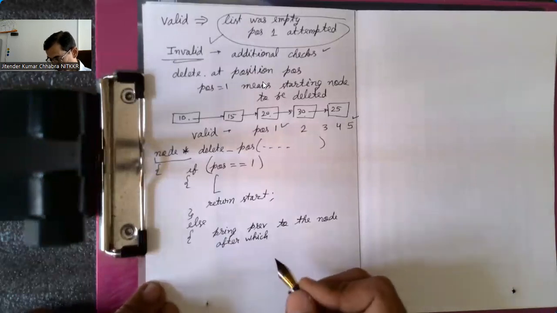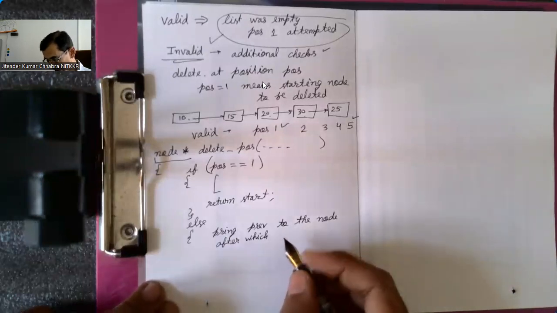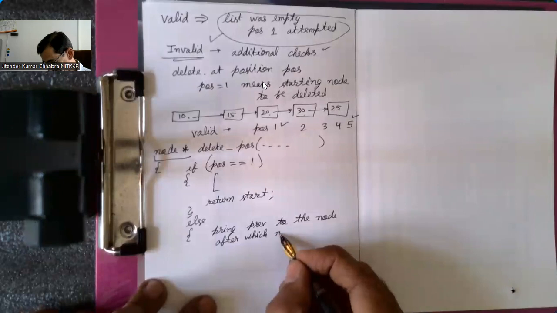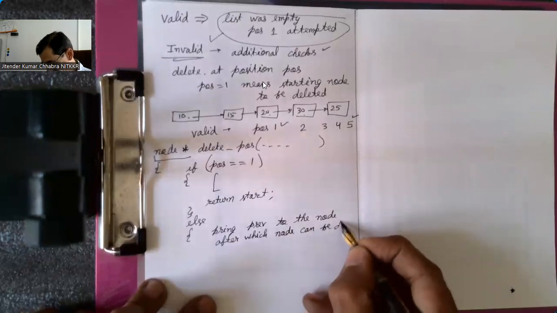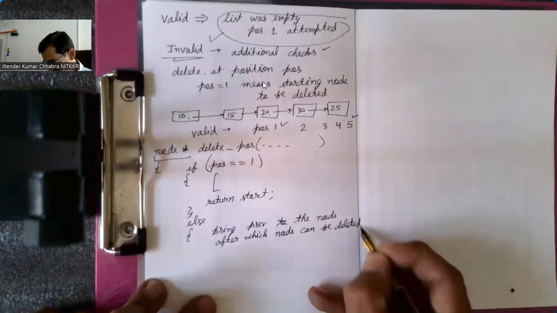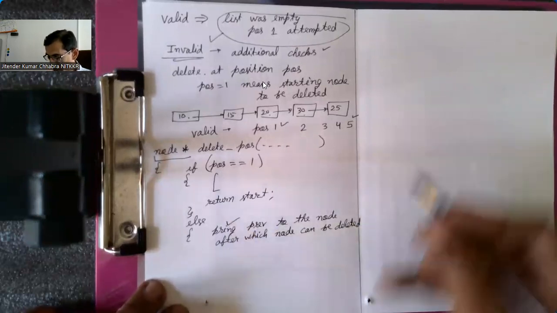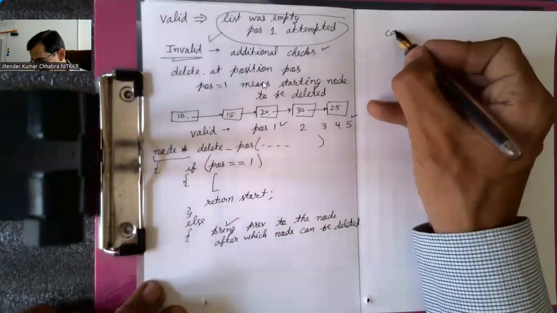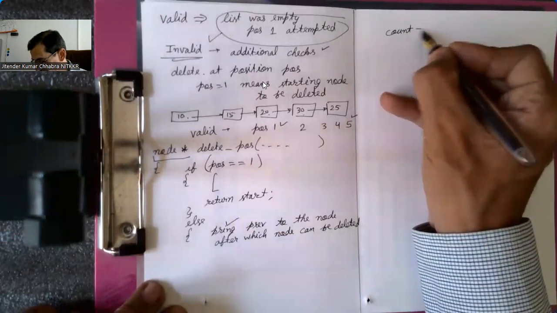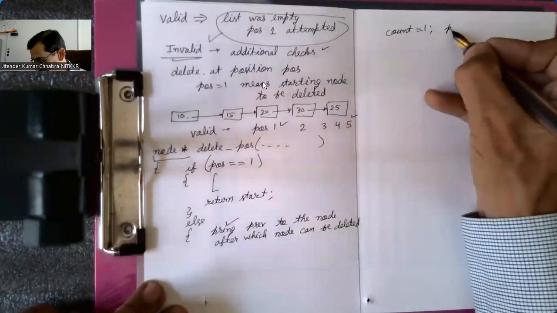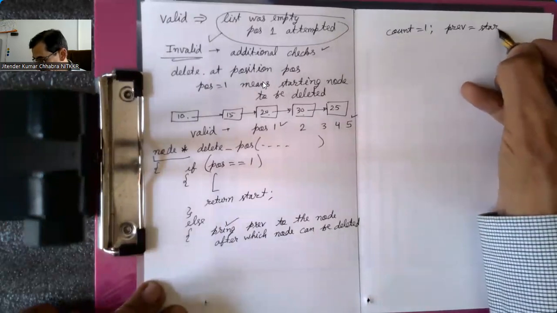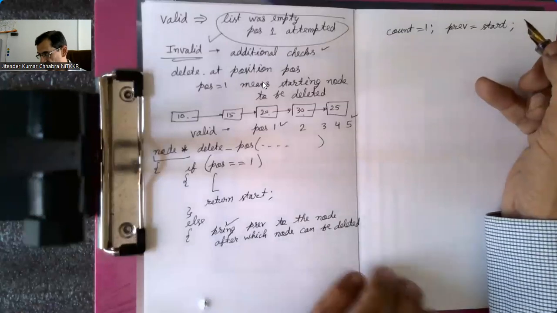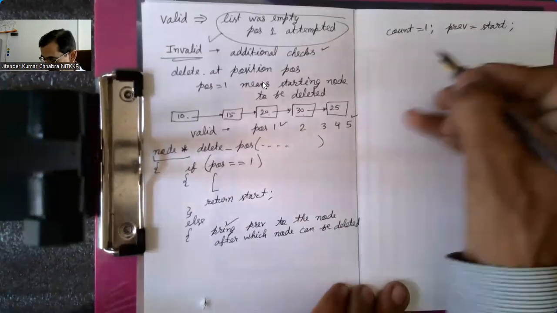You have to be on the previous node, only then the link can be updated. So more or less, it becomes almost the same condition: count equal to 1, previous equal to current or start. If I want to delete the second node, effectively no shifting is needed.